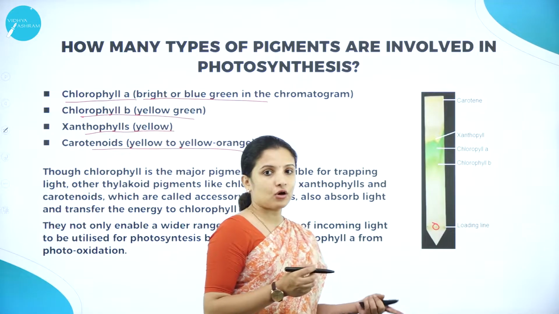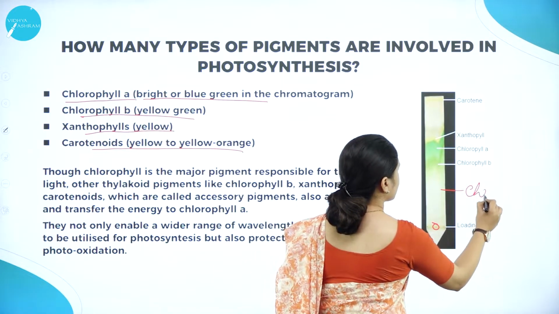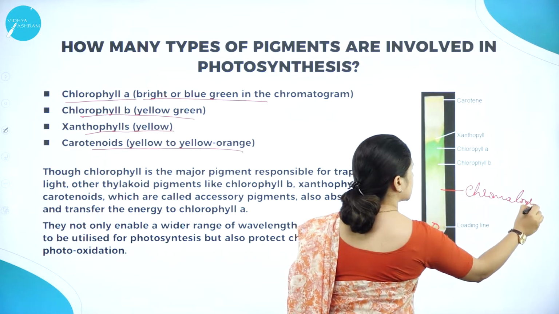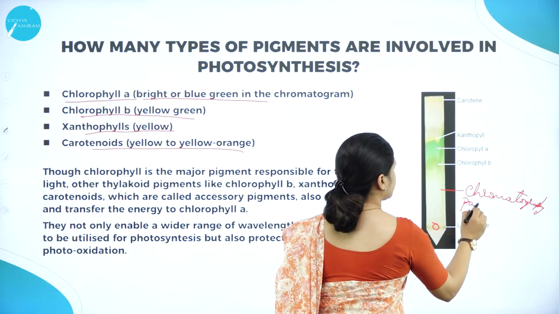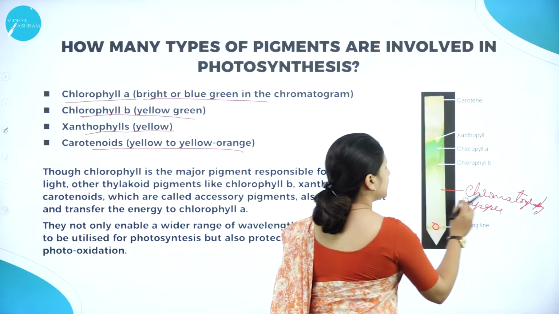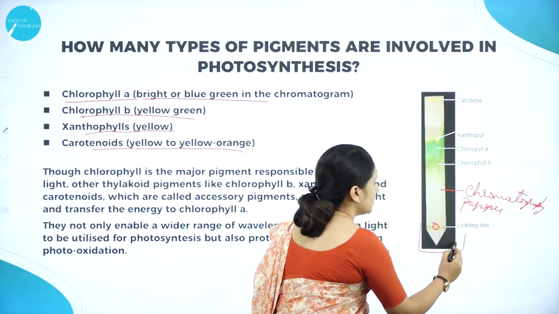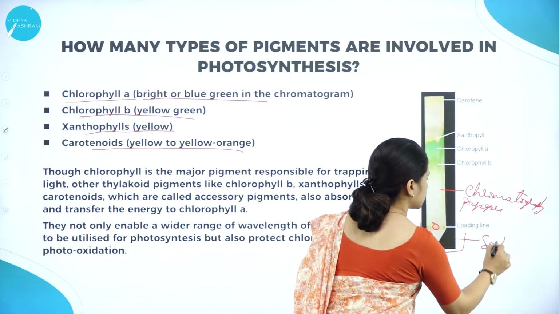So that drop is on this paper, which is called the chromatography paper. This will be immersed in a solvent mixture. It will be kept inside a jar or something which is having a solvent mixture.